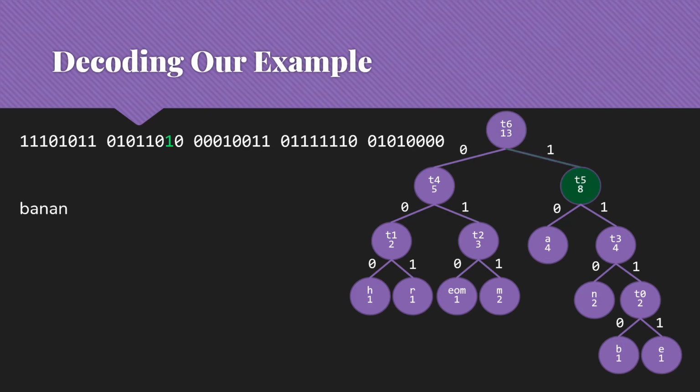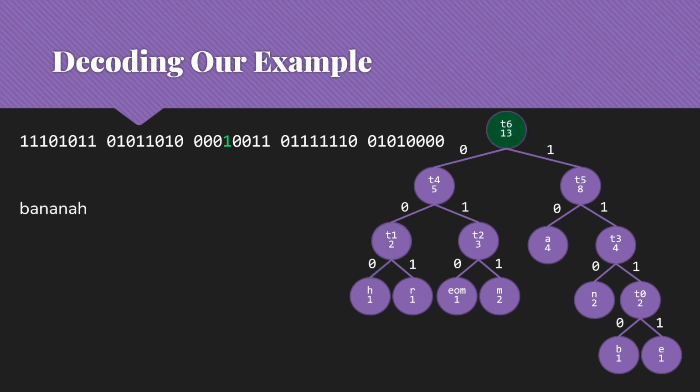And then we can see that we're going to go left and pick up the next A. Then the next time we're going to go left, left again, and then left again, which will get us our H.